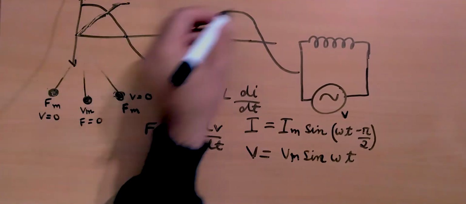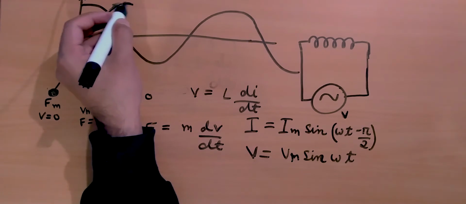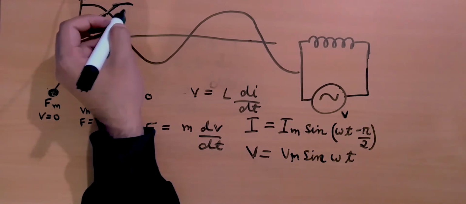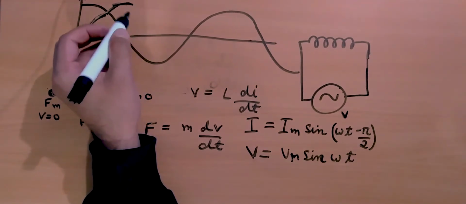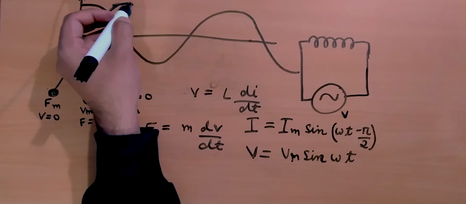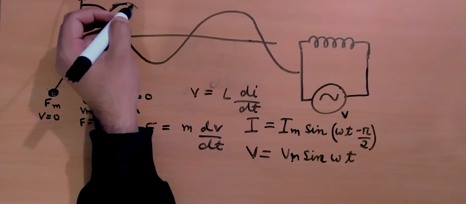So the first curve was voltage. Now the second curve is current. Here it reaches this flat part where the rate of change of current is 0. Now we can see that the value of voltage is getting negative, so the rate of change of current should get negative, which means it should reduce. The slope should get negative, it should point downwards, as if the current begins to drop now, and it drops.